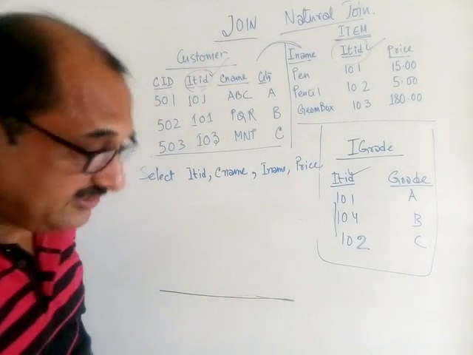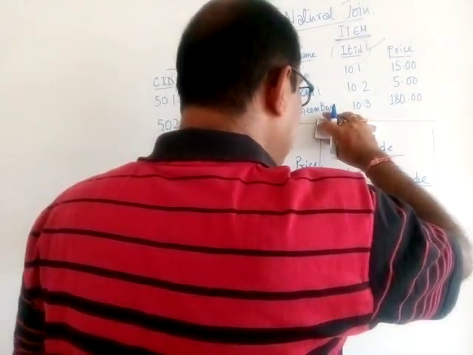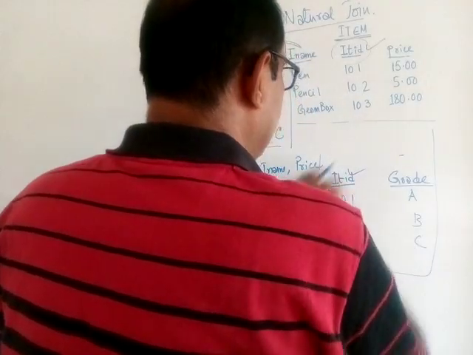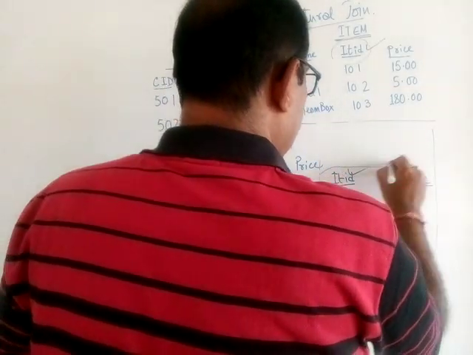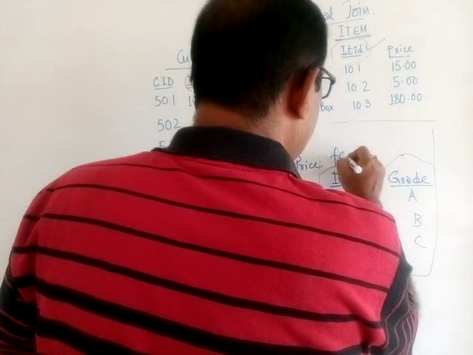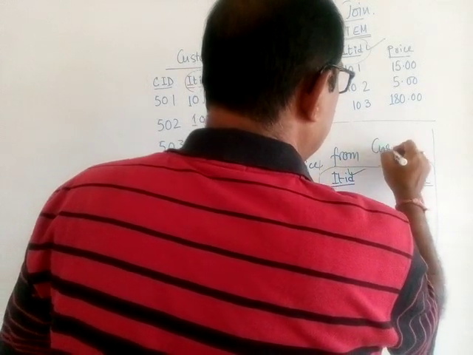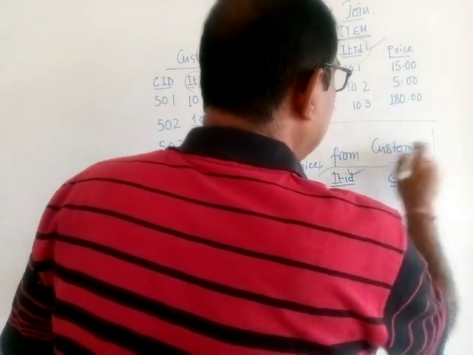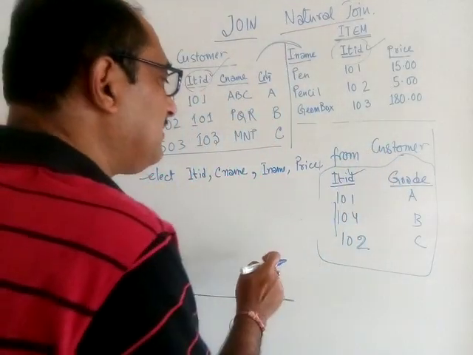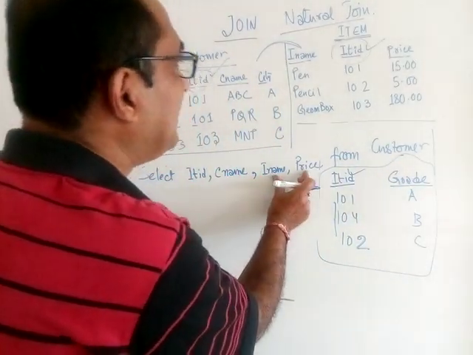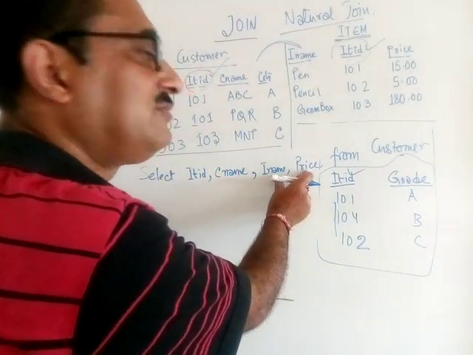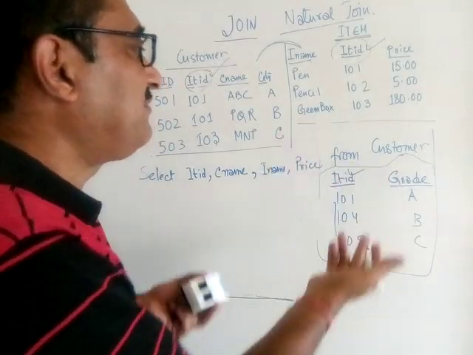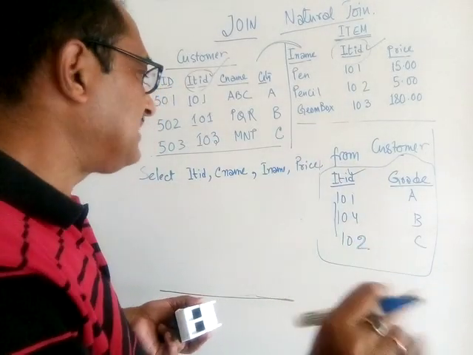But very peculiarly you will see, I will write here from customer. So it may sound like, if you are fetching from this table, how come I name and price are there? I name and price should not be there, because they belong to a different table. But the syntax is exactly like this.